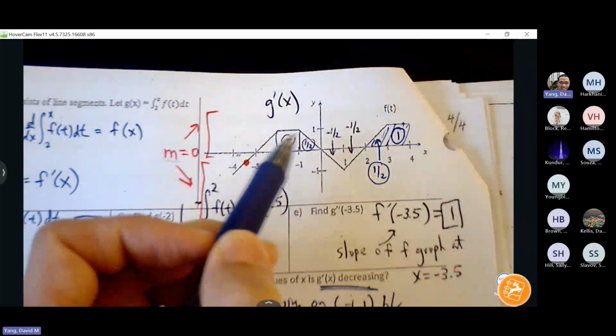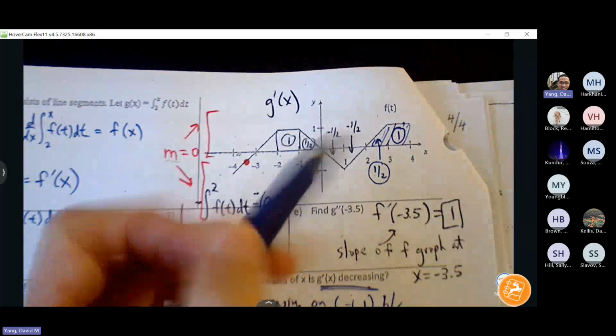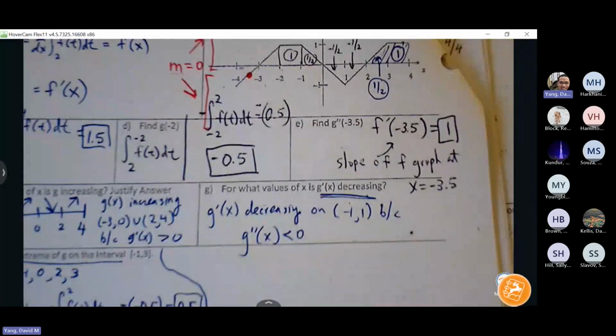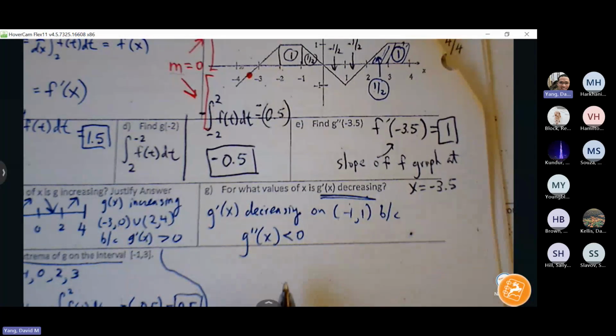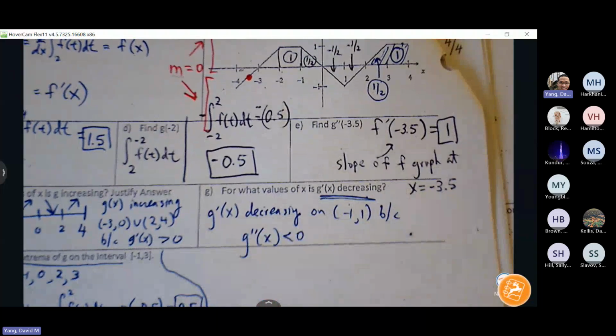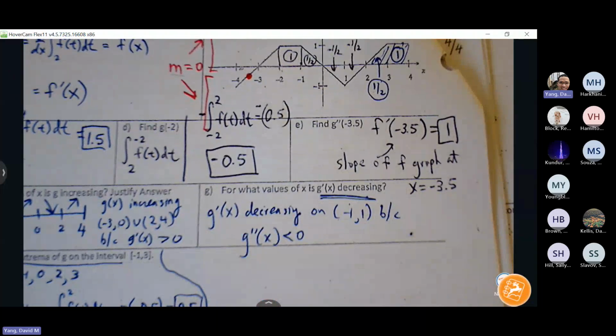So anything that is positive or negative slope is telling us about concavity of the original graph. You can also say because G prime is decreasing. I mean, then we're saying the same thing. G prime is decreasing because G prime is decreasing. Right. So we want to just give it a different reason.